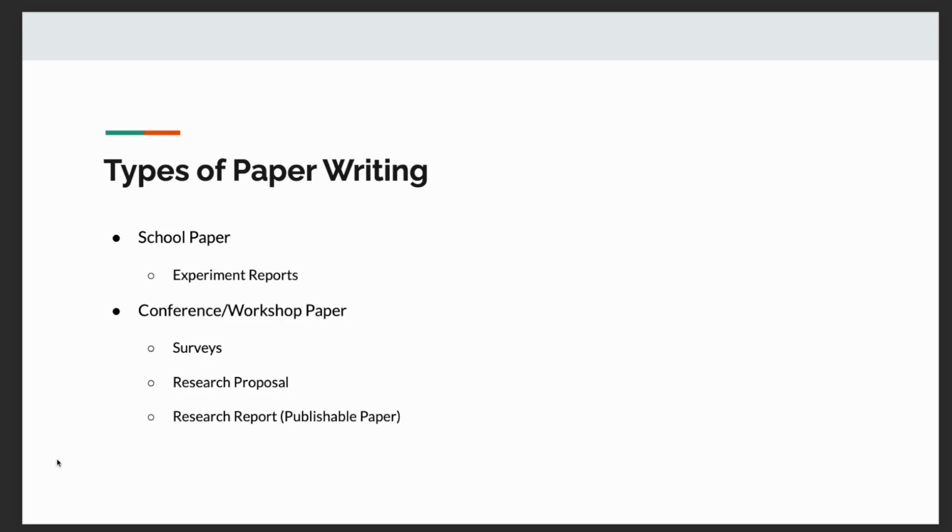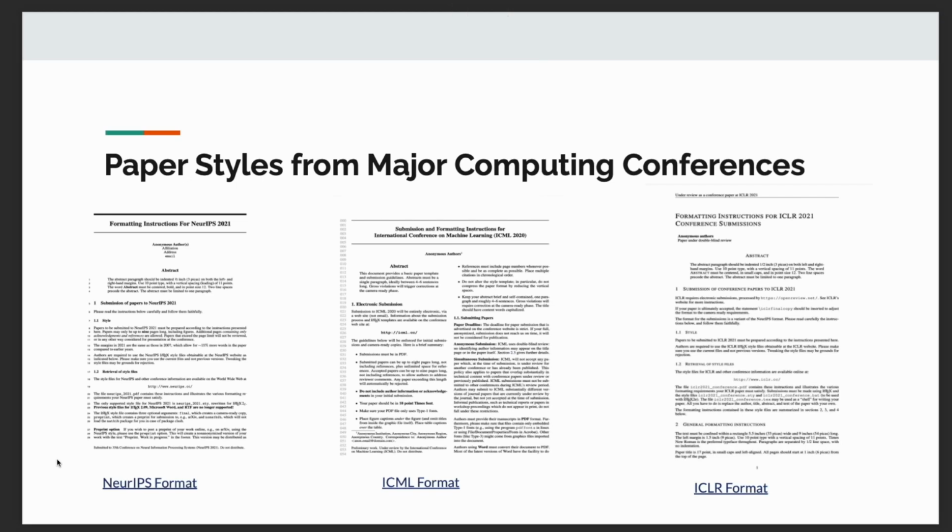publishable research paper. There are a couple of conferences, and each of the conferences have their own format of paper that they accept, but notably the three main ones are NeurIPS format, the ICML format, and the ICLR format. For this course and the course project, we will ask you to stick to the NeurIPS format, but there are minor to major differences between these three formats.